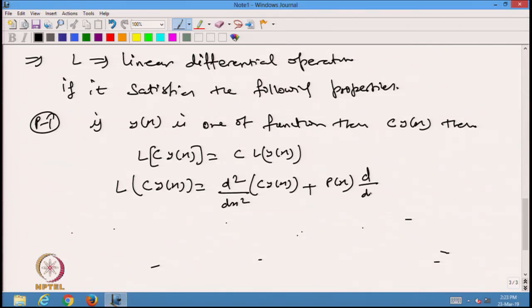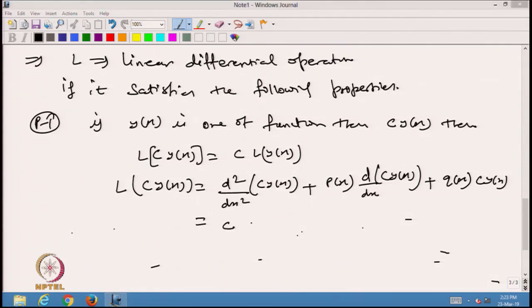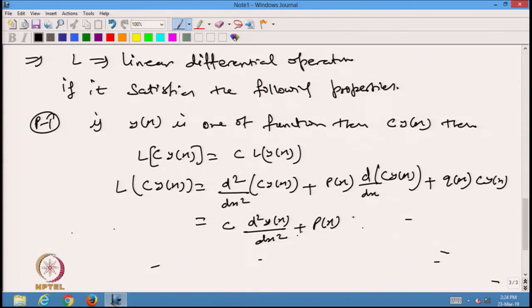Now, C is a constant, so I can take this constant common from here, and then it becomes C times d square y(x) by dx square plus p(x) d by dx plus q(x) y(x).